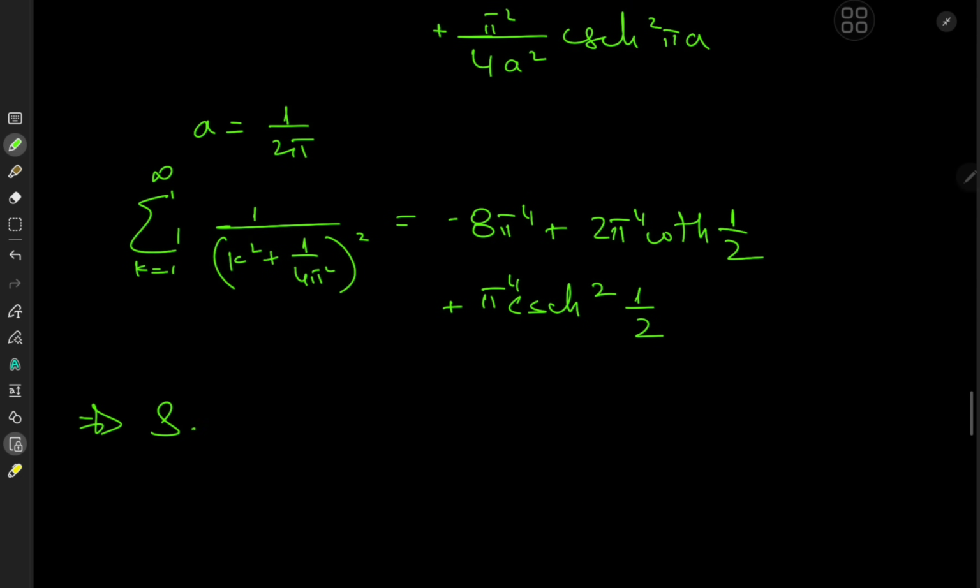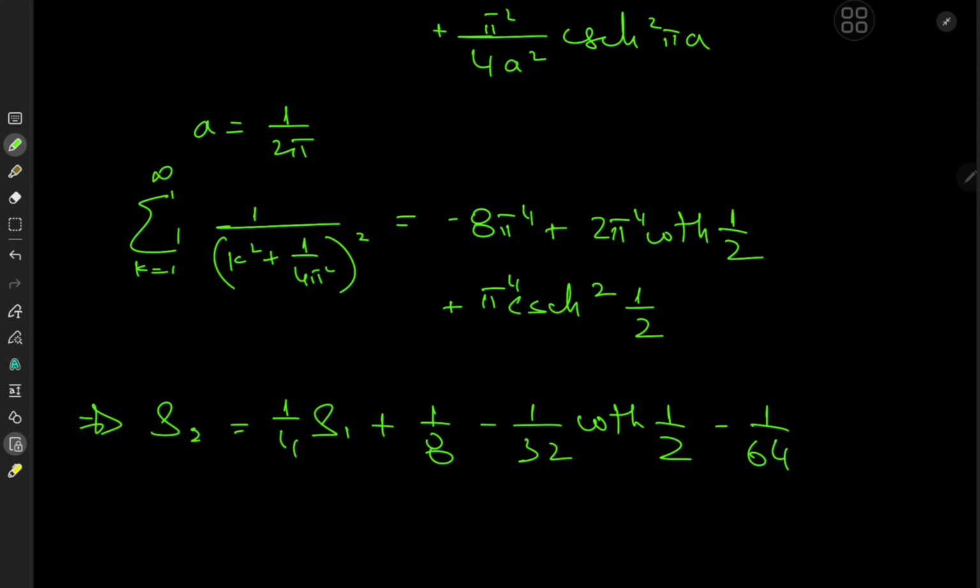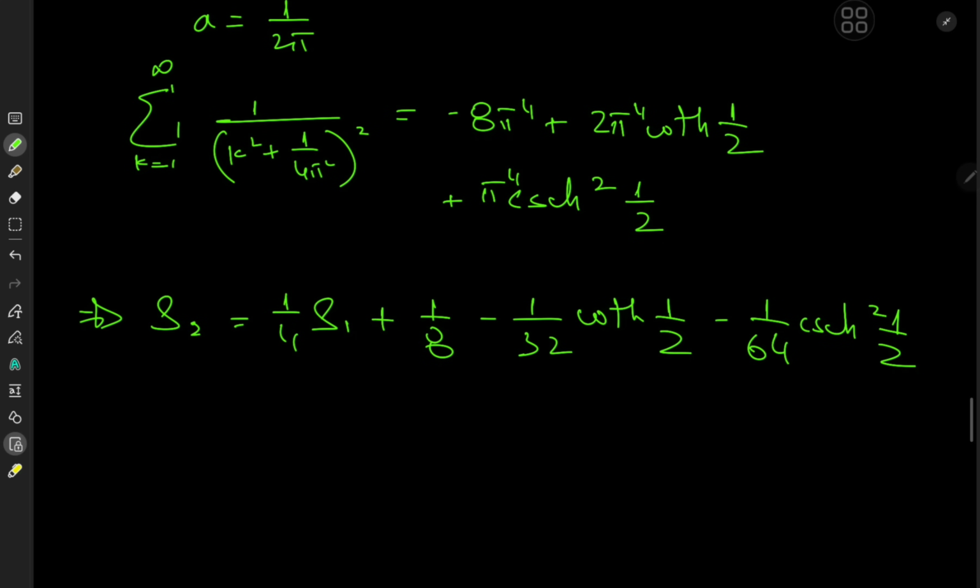So this implies that S sub 2 equals a quarter of S sub 1 minus, so that means all the signs are flipped, right? So 8 over 64, I think that's 1 over 8. Yeah, so that's 1/8 minus 1 over 32 hyperbolic cotangent of 1/2 minus 1 over 64 hyperbolic cosecant squared 1/2, is it not? Okay, that looks good.